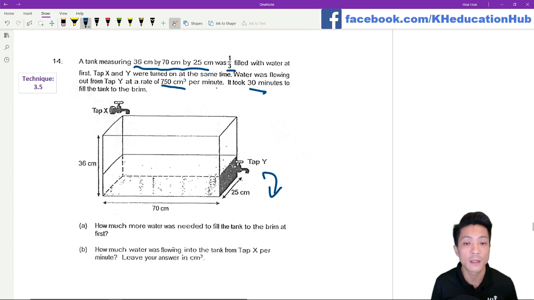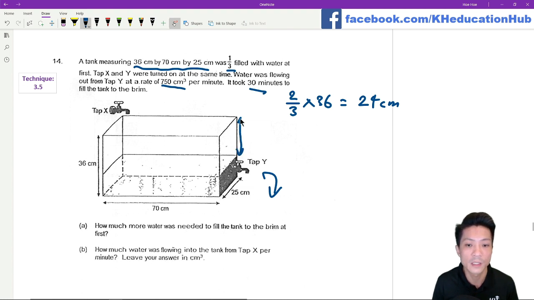Okay, we know that the tank was 1/3 filled with water at first, which means that the empty space will be 2/3, right? If I'm gonna find what is 2/3 of 36 cm, which is the height, it's going to give me 24 cm. So the height of the empty space is 24 cm.